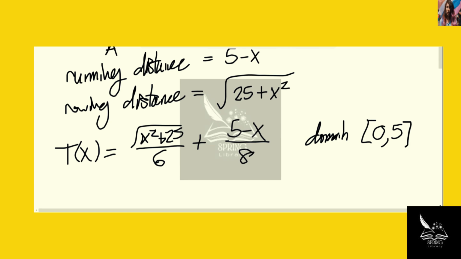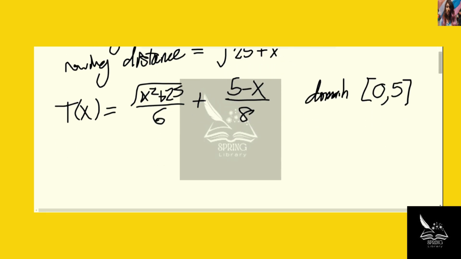Now we're trying to minimize this time, so we'll take the derivative of T. We want to solve T prime of x equals 0.